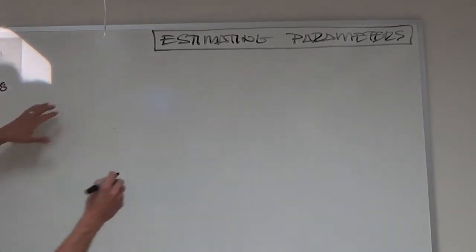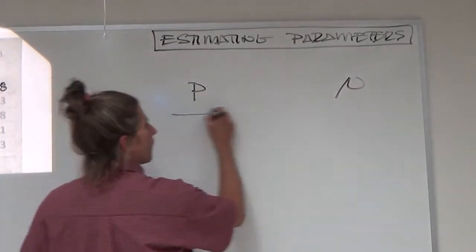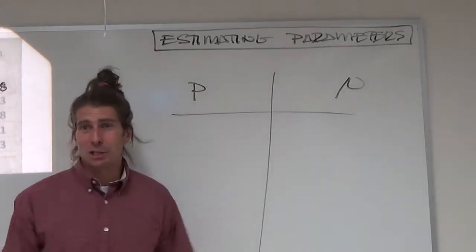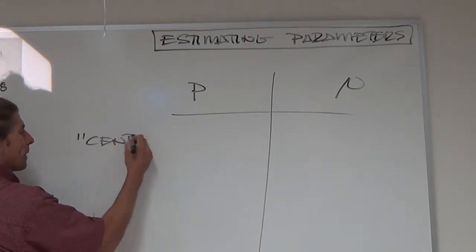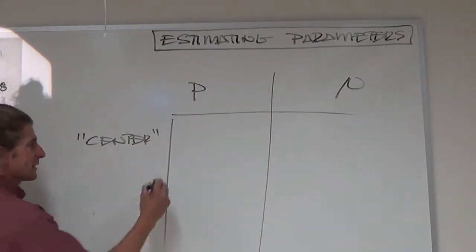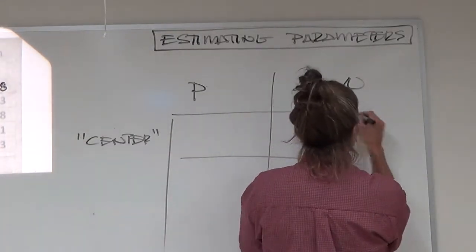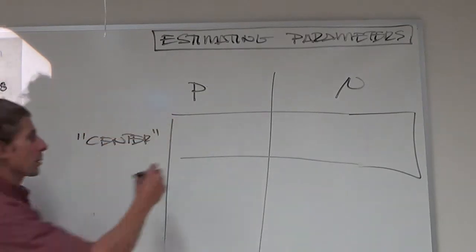So right now we have two parameters we're going to estimate, P and mu. Population proportion, population average. Okay? The center of the data set that we collect for discrete data, we term it P hat.